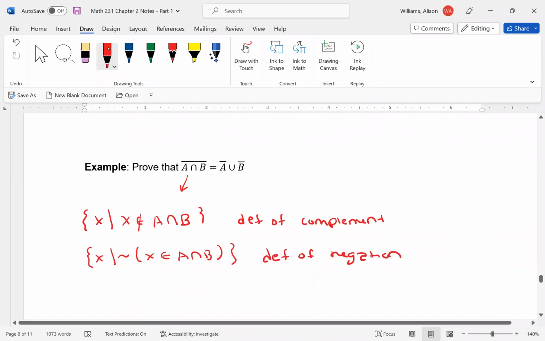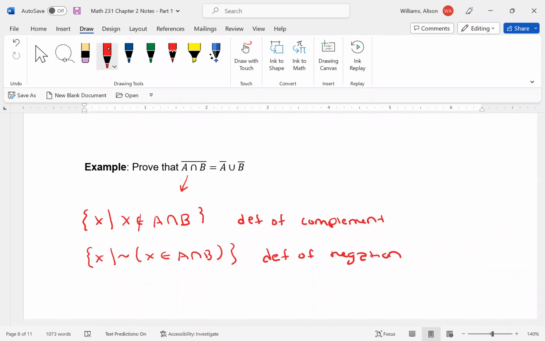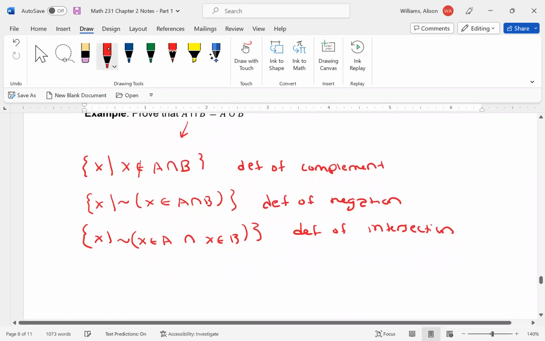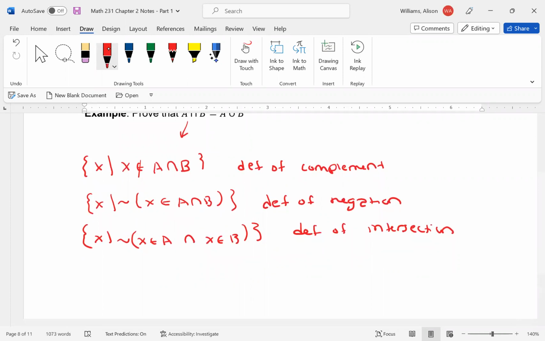Okay, then I'm going to use the definition of intersection here to help me now. So intersection means that X is an element of A and B. But technically there's still a not symbol out here. So that's definition of intersection. And then this is where we're going to be kind of clever. Because of that not symbol out there, negation, I can actually use De Morgan's law from propositional logic that we learned in chapter 1.